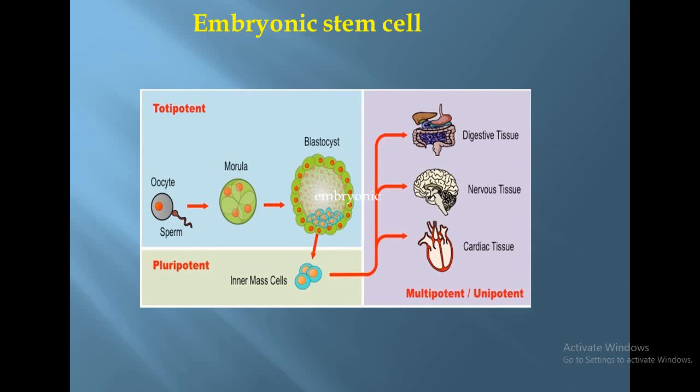This limits their use. iPS cells are not controversial because they are made from adult cells. iPS cells are differentiated cells that are reprogrammed back into an embryonic-like state. They are usually created from skin or blood cells. Both types of pluripotent stem cells can give rise to nearly all of the tissues that form the human body.